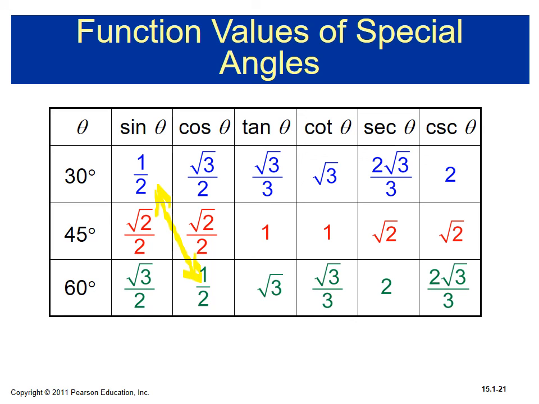Those are identical. These are identical here. Reciprocals, right? Those are identical. Because 30 and 60 are complementary angles, this is what happens with that.